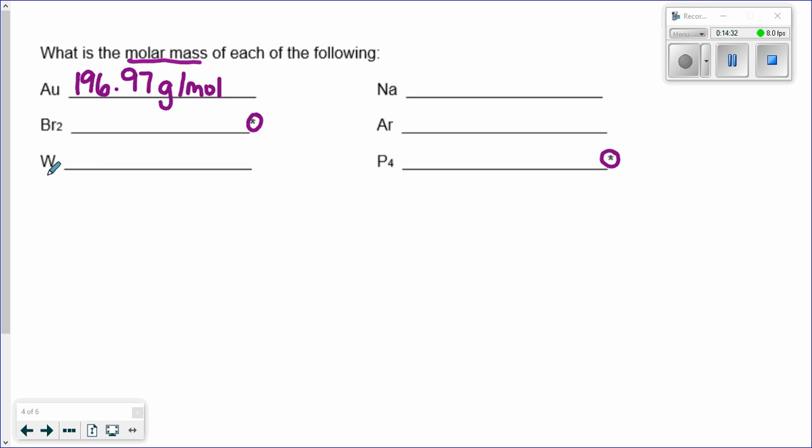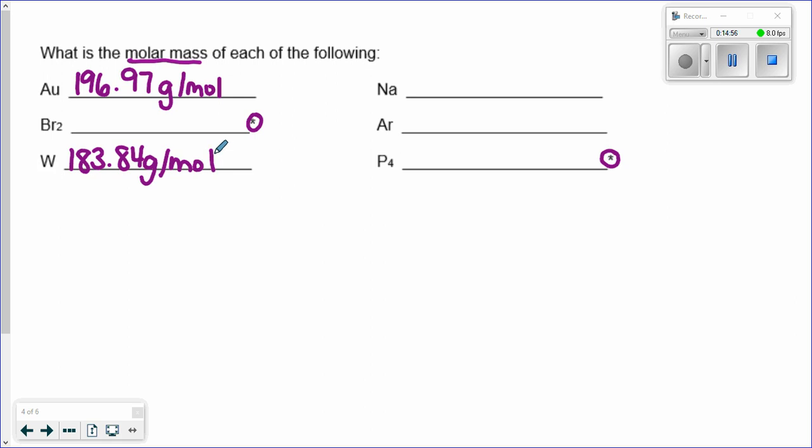So W, that's tungsten. Tungsten used to be called wolfram. That's why it's a W. Its atomic number is 74. Looking at the periodic table, it has an atomic mass of 183.84 grams per mole.